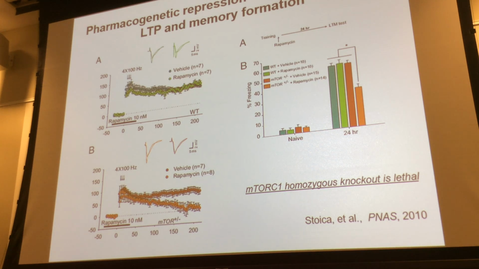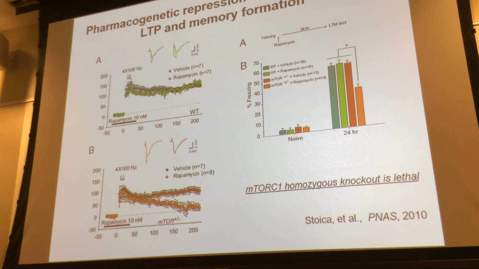So as soon as they enter there, they're going to freeze, meaning that they remember that. As you can tell here, for the wild type and the wild type with rapamycin, and the mTOR knockdown with vehicle, the first three bars, they're all fine.